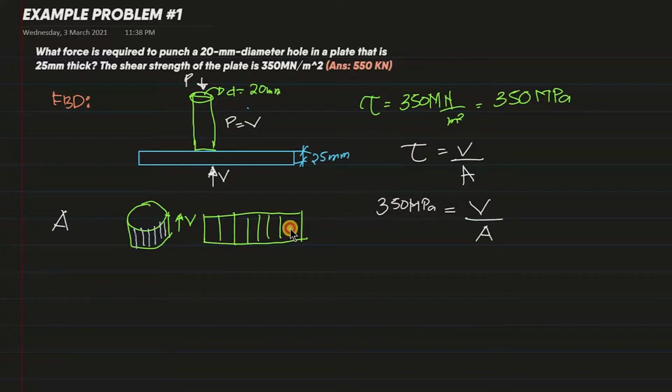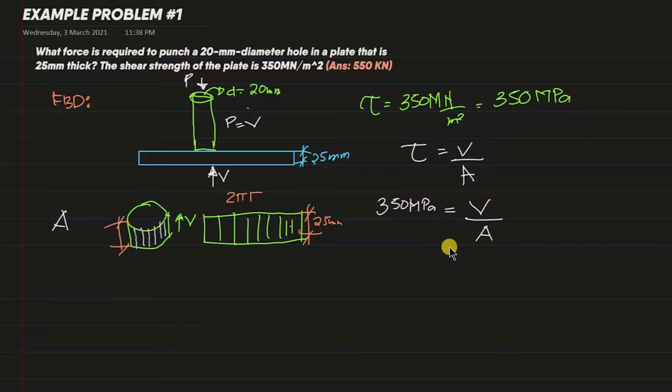So, yan yung area na yon. So, ano yung length? Yung length is yung circumference, kasi nga circle to, diba? So, yung circumference niyan is 2 pi r. And yung thickness niyan is given as 25 millimeters. Alright? So, if that's 25 millimeters, i-multiply lang natin doon, then we can solve for the area.